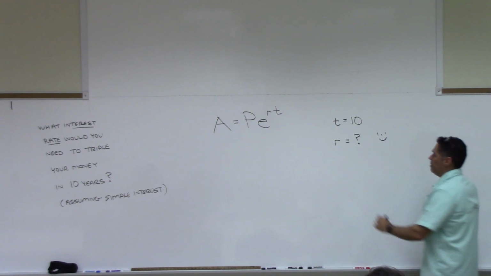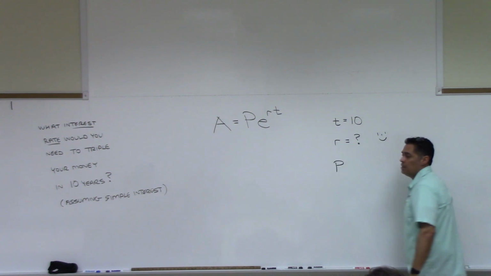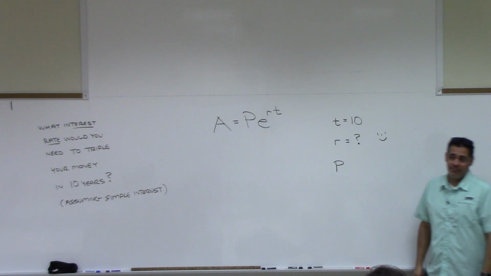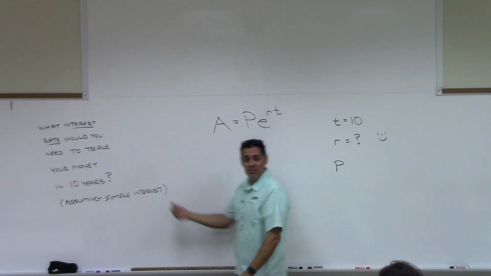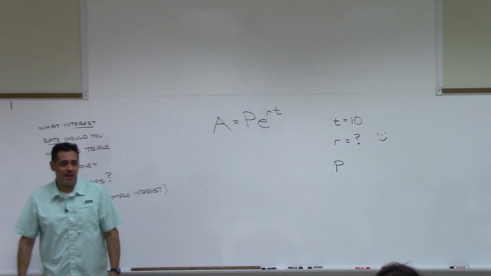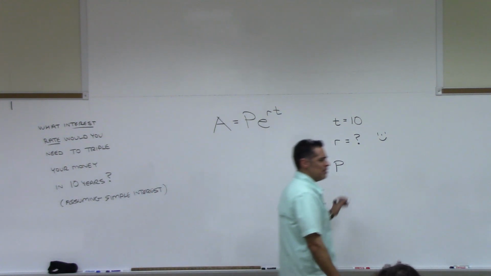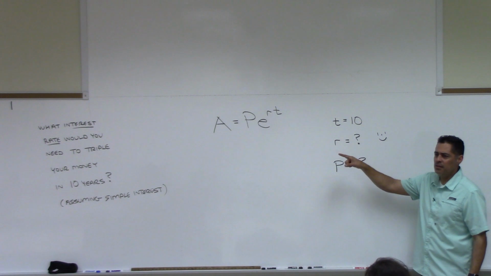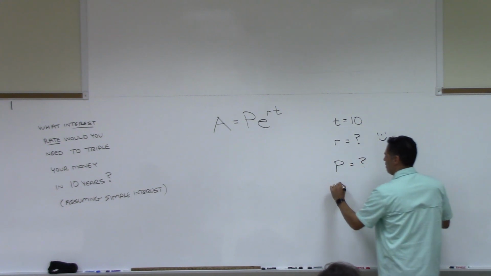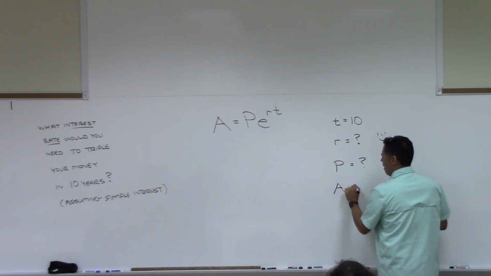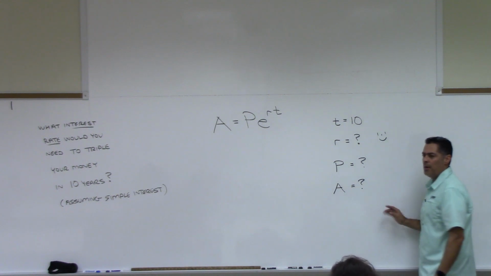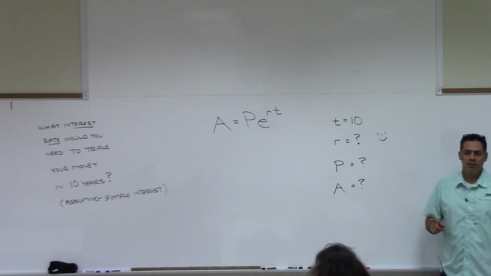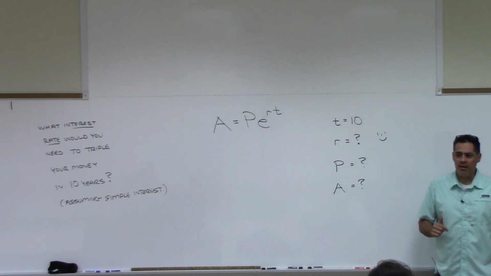Now, do we know what P is? I don't, do I? That's weird, right? I don't know what P is. Do I know what the amount is at the end? I don't, right? But here's what I do know. I do know I want to triple my money, right?